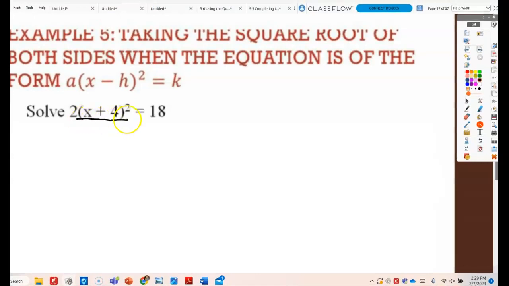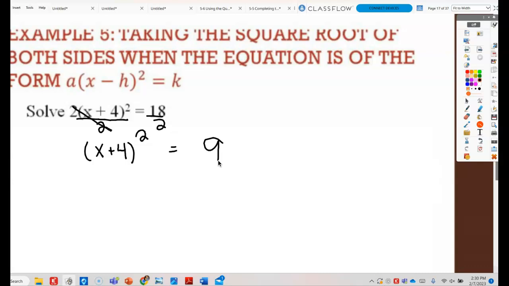So I'm going to divide both sides by 2. That leaves x plus 4 squared equal to 9. Now, is the squared stuff alone? Yes.